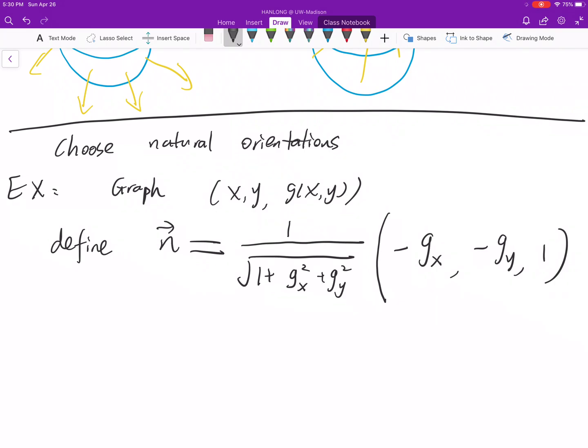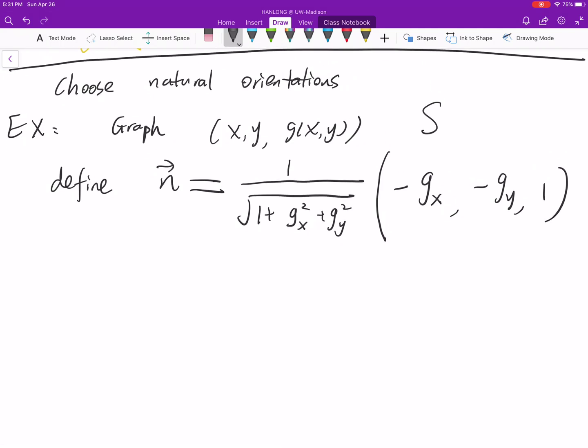This is what we did before, where we verified that this vector is normal to the tangent plane at each point of the surface S. Okay, so this is one direction, and of course you can take negative n. Negative n, you can define to be negative 1 over the same factor, and then inside just the same thing.